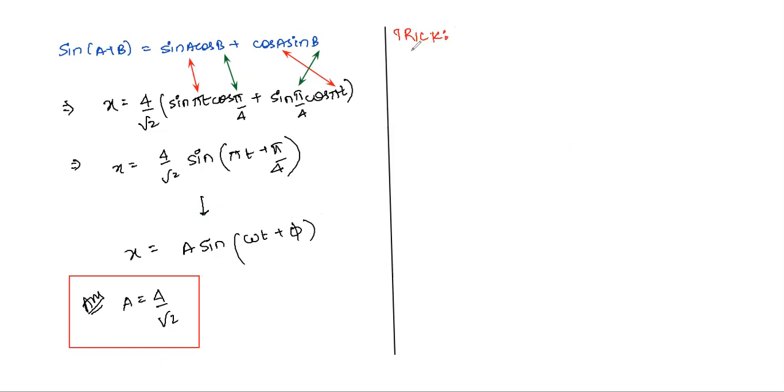Whenever you are given the expression, note it down, whenever you have the expression A sine omega t plus B cos omega t, you can convert this into the form sine of A plus B. How will you do it? See here. Why did I write root 2?